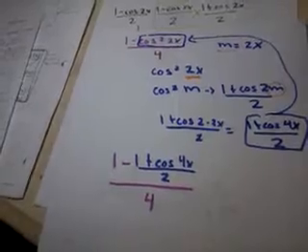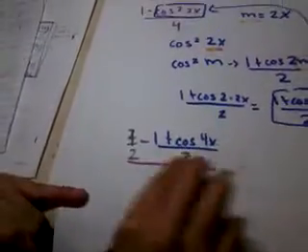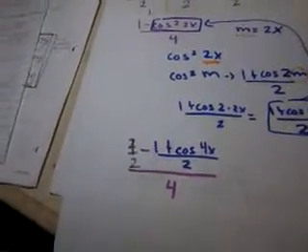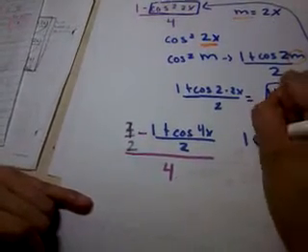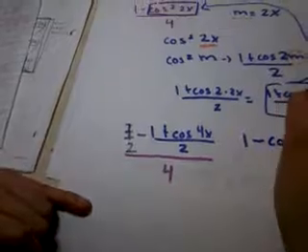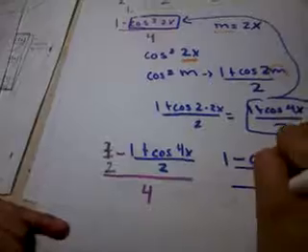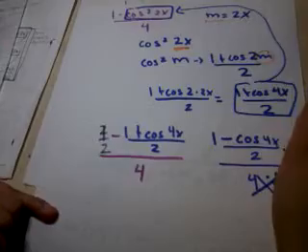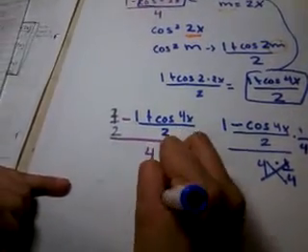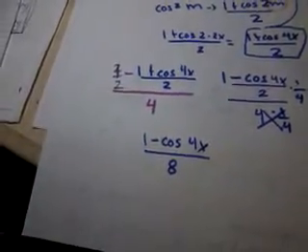We're going to change this 1 into 2 over 2 so we can combine it, and we get 1 minus cosine of 4x over 2 all over 4. Then times 1/4 to get rid of the denominator, and we get 1 minus cosine of 4x all over 8. And so that is a simplified version of this problem.